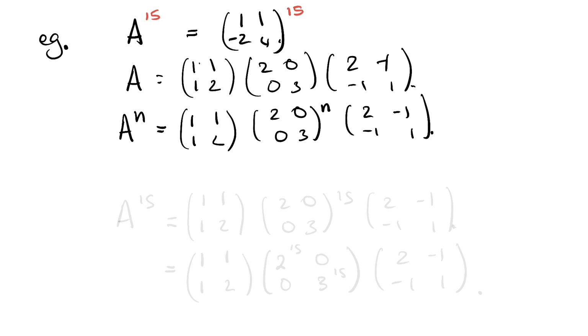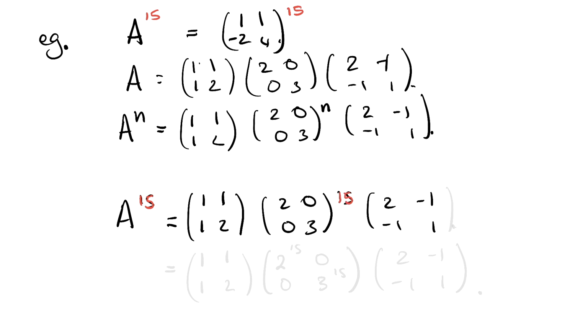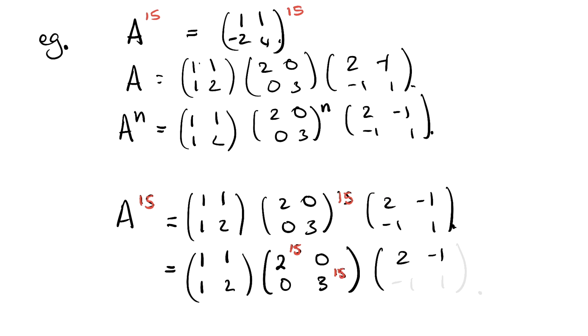So in particular, A to the 15th is going to be [1, 1; 1, 2] [2, 0; 0, 3] to the 15th [2, -1; -1, 1], which is [1, 1; 1, 2] [2 to the 15th, 0; 0, 3 to the 15th] [2, -1; -1, 1]. So now we have a way to easily express the powers of diagonalizable matrices.